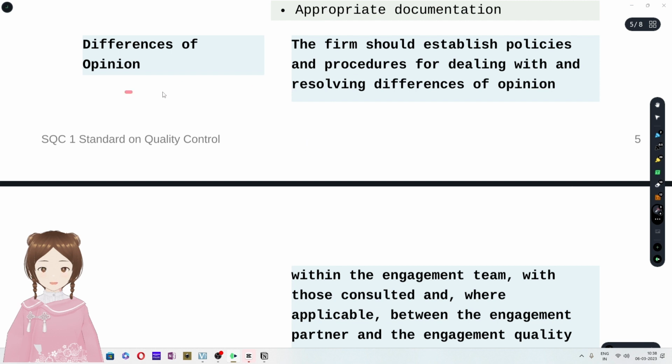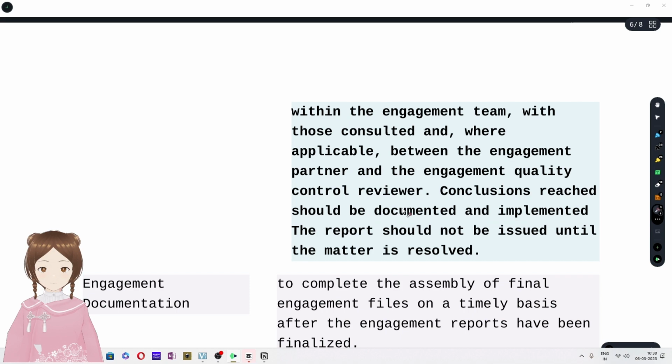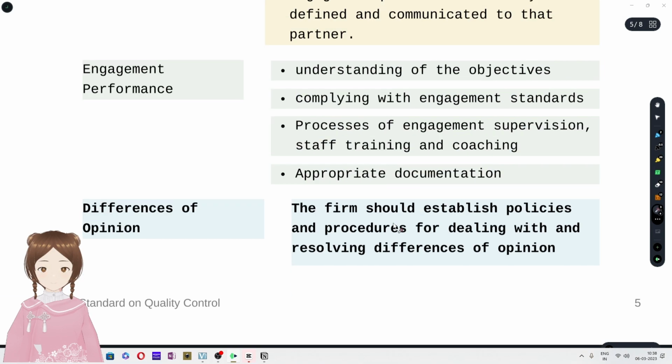Mostly, this point was tested in MCQs, where in a case scenario question the engagement team is of this opinion and the audit engagement partner is of that opinion. What you have to do is select the most appropriate answer: until conclusions are reached, the audit report should not be issued.